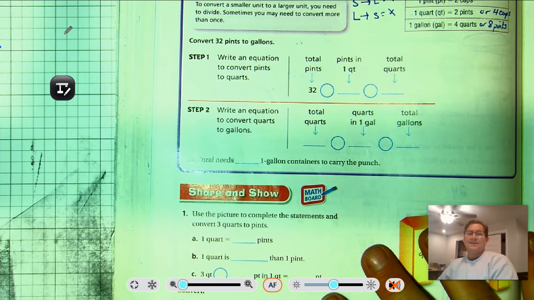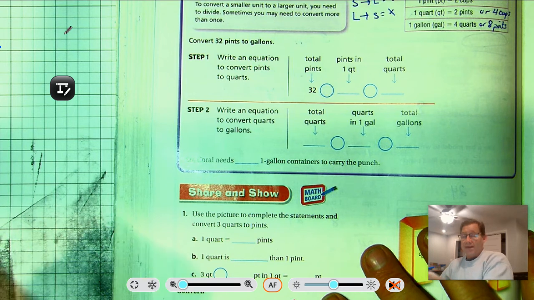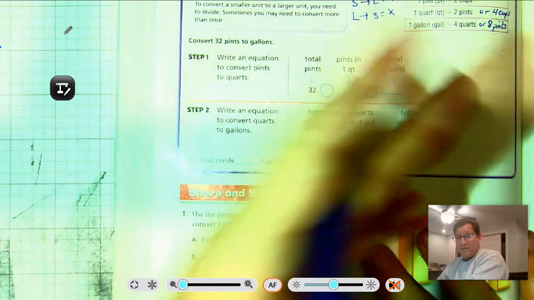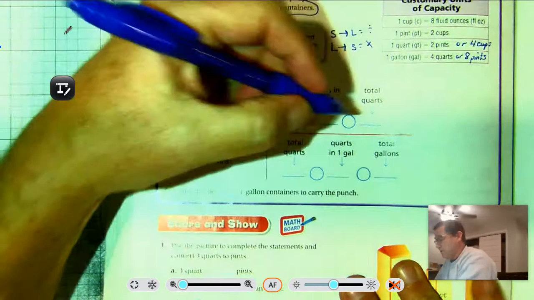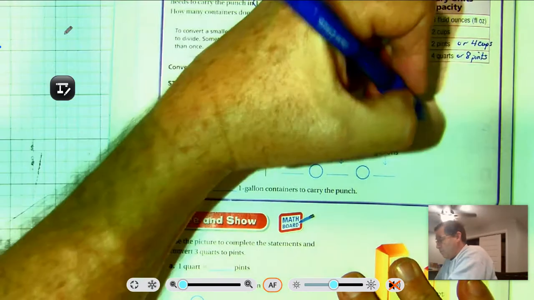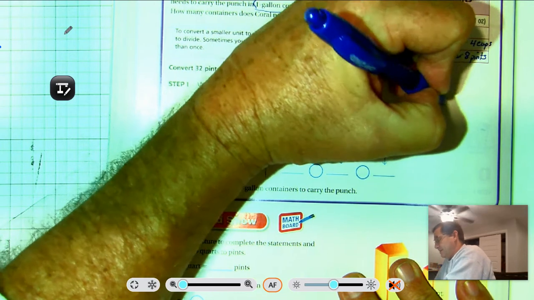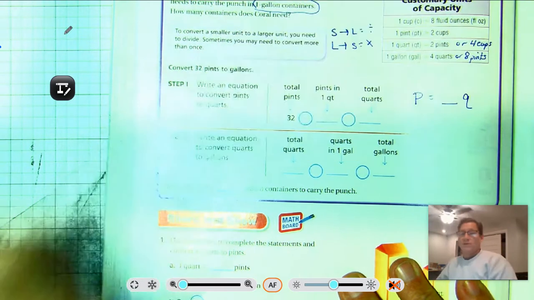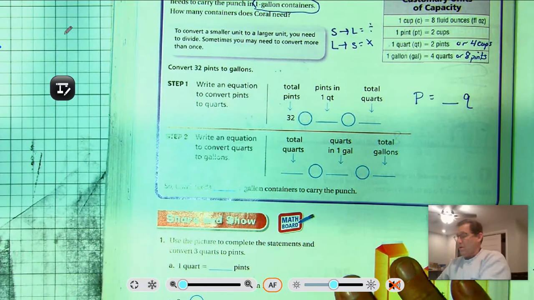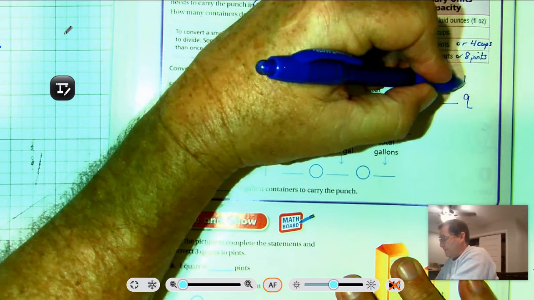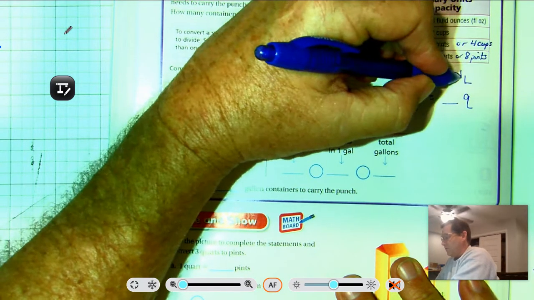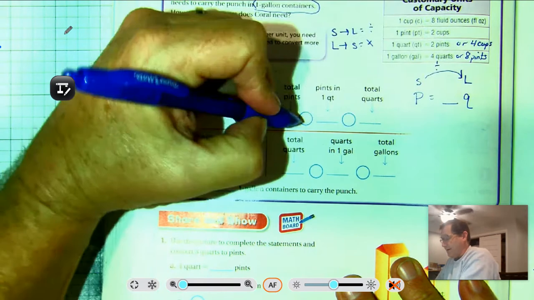Convert 32 pints to gallons. We can write an equation to convert the pints to quarts first, and then go from quarts to gallons. Okay, that's one way we could solve this. So we're saying change from pints to quarts. Well, pints are smaller than quarts. So if we go from smaller to larger, we're going to divide.